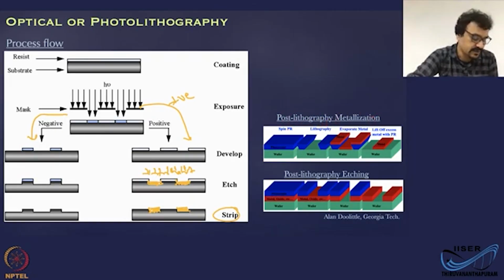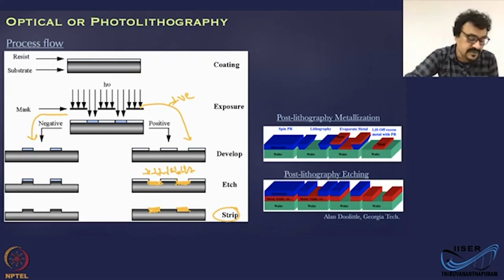That means you deposit metal, or you basically etch it or remove material. So you have the wafer with the photoresist. Then after lithography, you get a stencil. You remove wherever the regions are exposed. Then you can add material that is represented by this red colored region here. Then you strip the places where you had resist on top of it, and you will get this pattern.